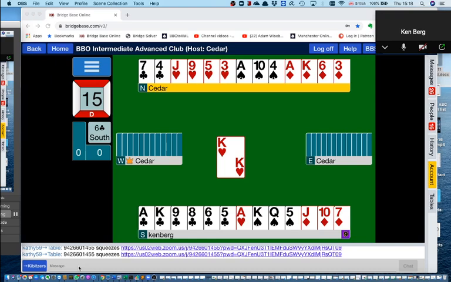I know where the Queen of Hearts is, almost certainly. So knowing where the Queen of Hearts is, I can run this show-up squeeze, as you call it, in Hearts, and if he has to hold on to the Queen of Hearts, then I'll be okay with playing off the diamonds. Let's see if there's anything else I have to think about here.